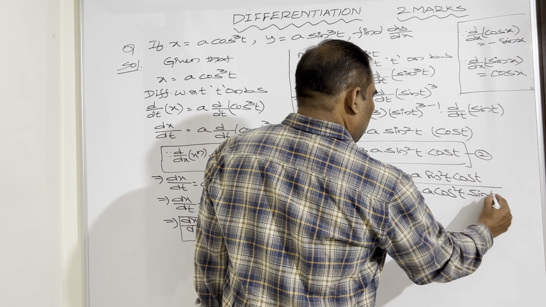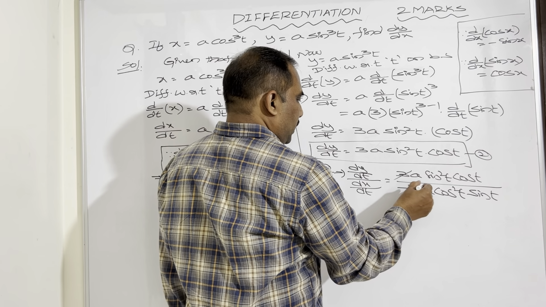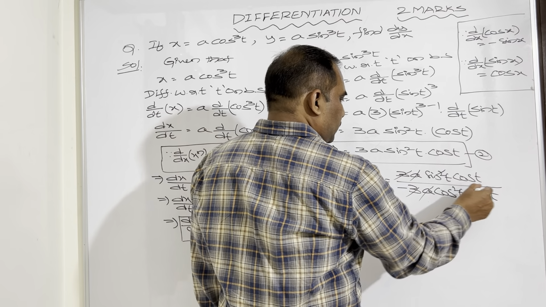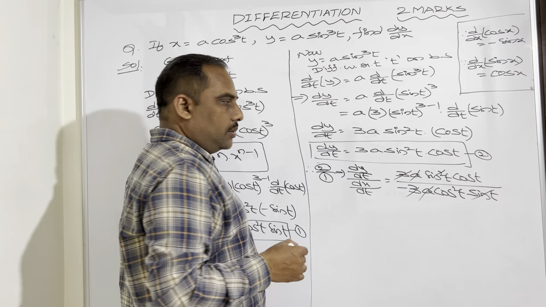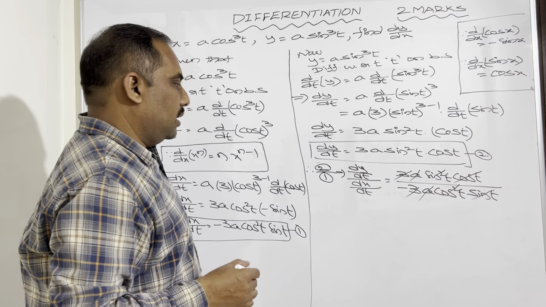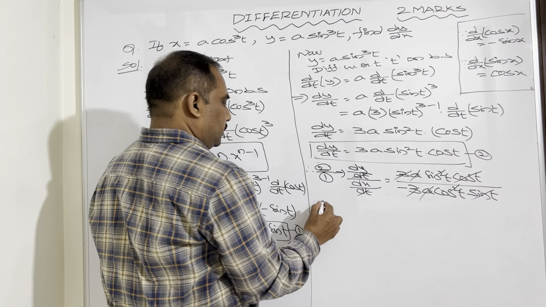Now here 3 gets cancelled and a also gets cancelled, and one sin t also gets cancelled in the numerator and denominator. Cos t is also cancelled in the numerator and denominator. Now dt is also cancelled.